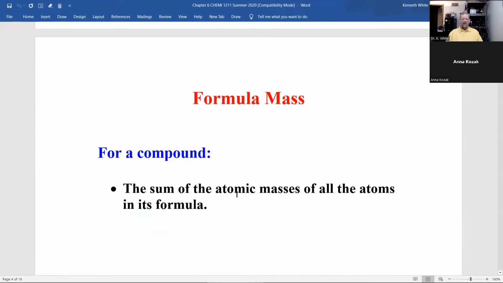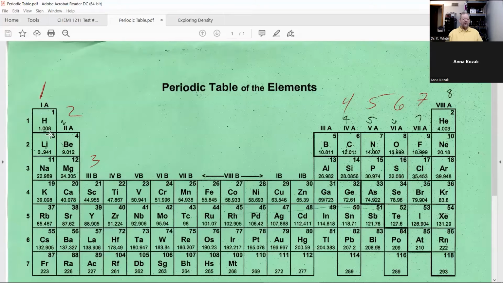All right, before we go for formula mass, let's go back to the periodic table. If we look at hydrogen, the atomic weight or mass is 1.001. Now, to make your life easier, shh, don't tell anybody, I'm being nice. On my tests, and everything we do in this class, and in real life, I've done it for doing calculations when I was in the chemical industry, where hundreds of thousands of dollars rode on me doing the calculation correctly.